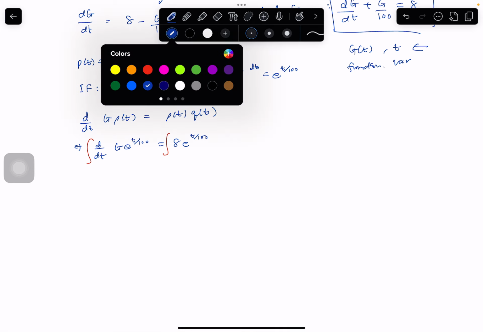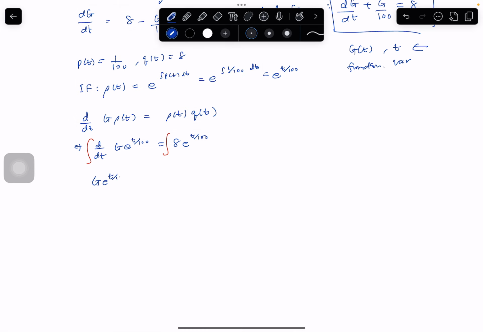So we're going to have G e to the t over 100 is equal to 8 multiplied with the integral of e to the power of t over 100, which gives multiplied with 100.